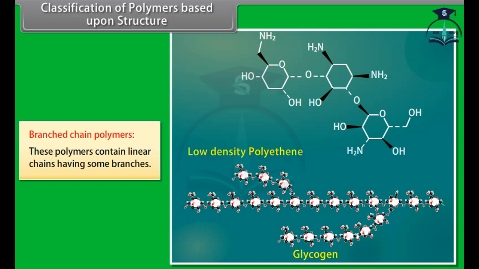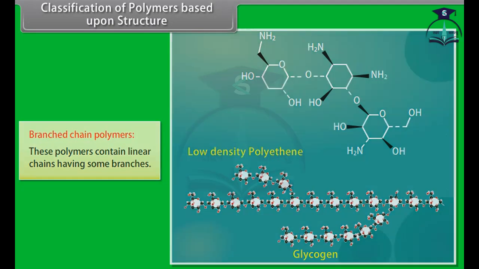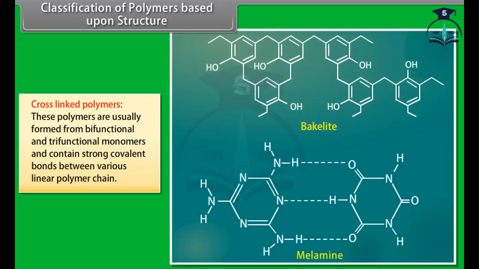For example, low-density polyethylene and glycogen. Cross-linked polymers. These polymers are usually formed from bifunctional and trifunctional monomers and contain strong covalent bonds between various linear polymer chains. For example, Bakelite and melamine.